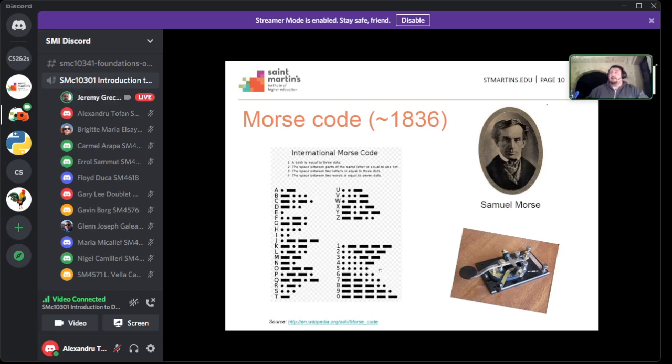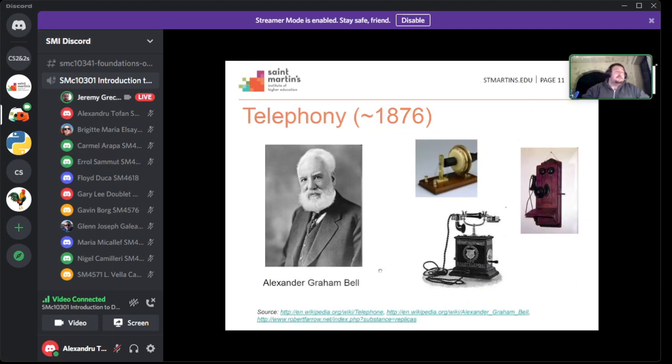Another invention is something that we currently use a lot even today. That is the telephone. The very earliest telephone was invented in 1876 or thereabouts by Alexander Graham Bell.